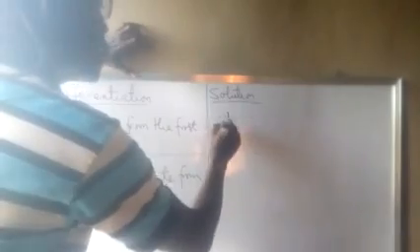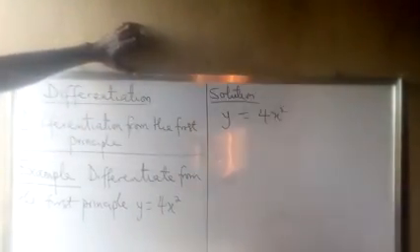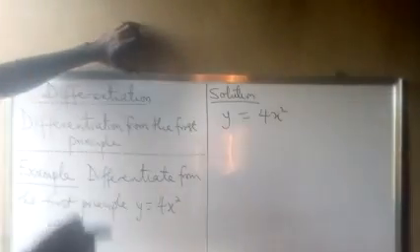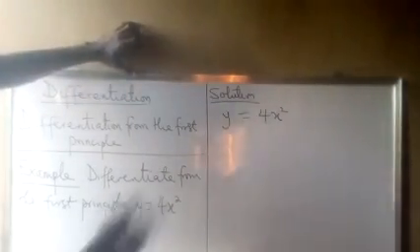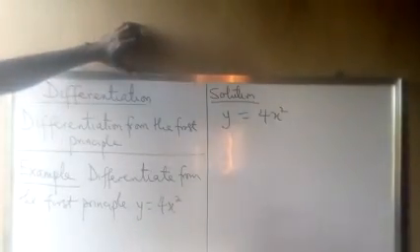Okay, now, solution. y equals 4x squared. What do we need to do here? We are going to increase the variable y by adding a delta y and increase the variable x by adding a delta x.